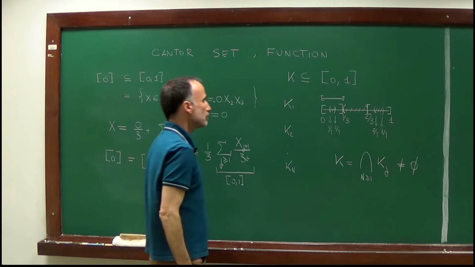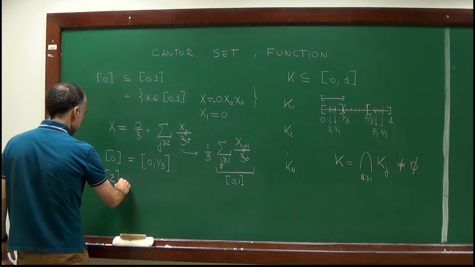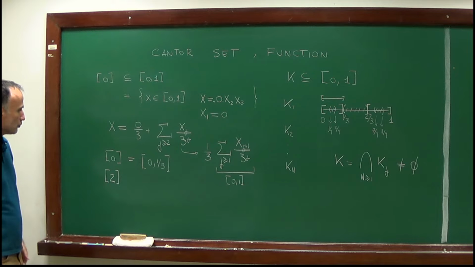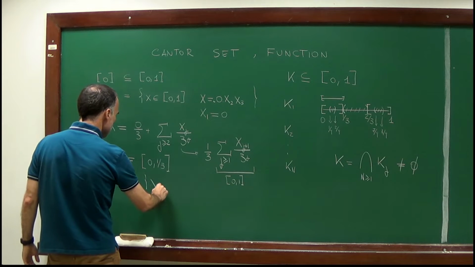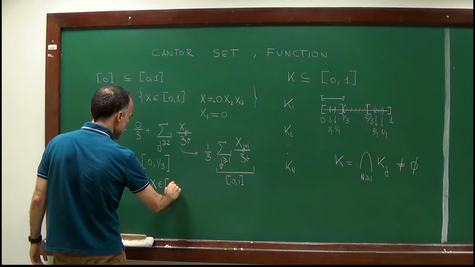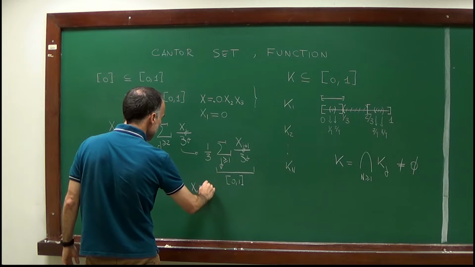the first interval here. And in the same way, let me represent by bracket 2 the set of points x in [0, 1] such that in the expansion x1 is equal to 2.